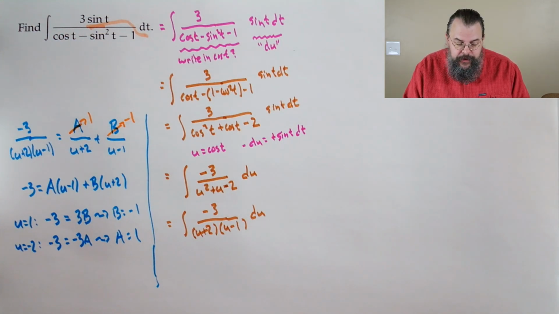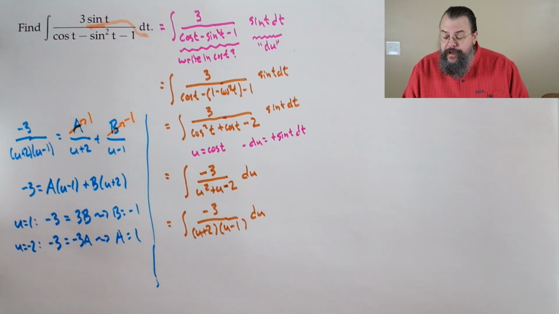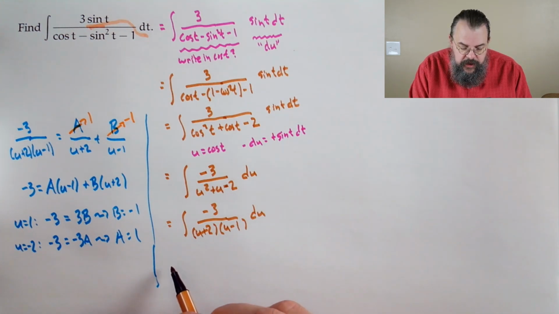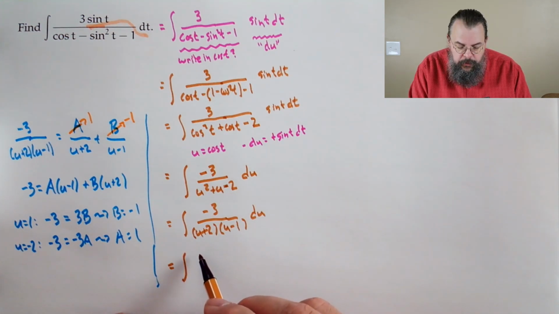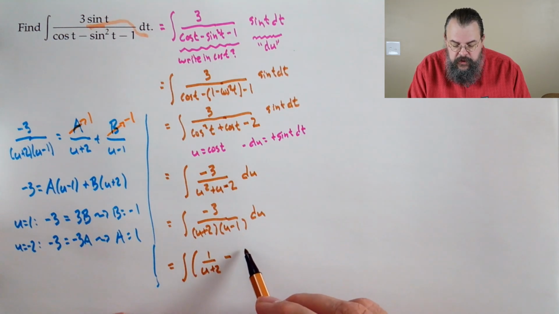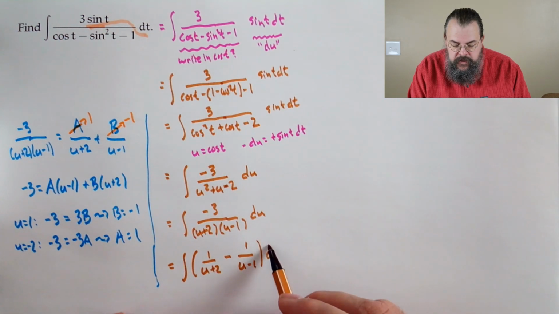Okay, so back to our integral. What we can now say is that this integral is really 1 over u plus 2 minus 1 over u minus 1 du.